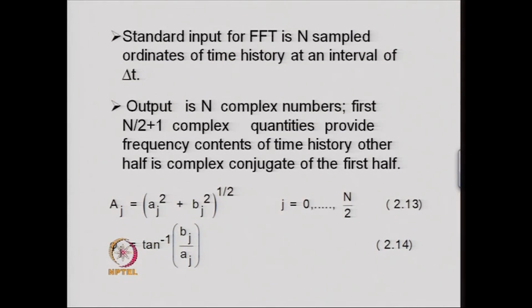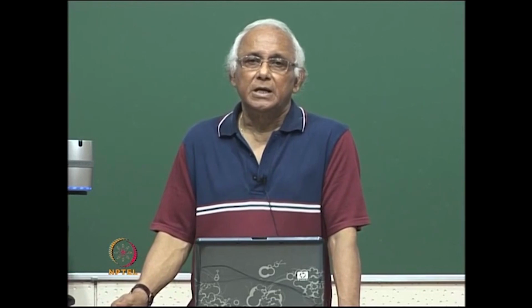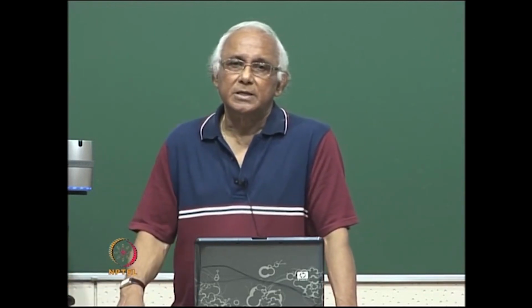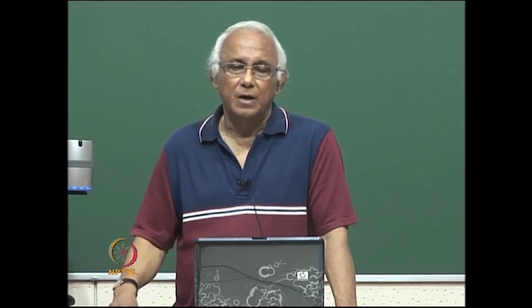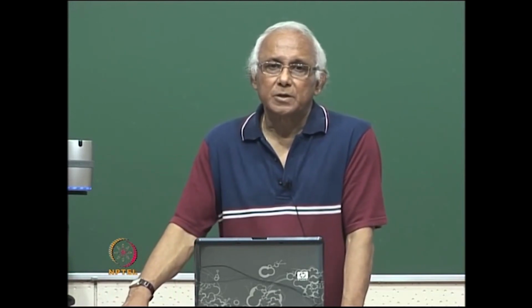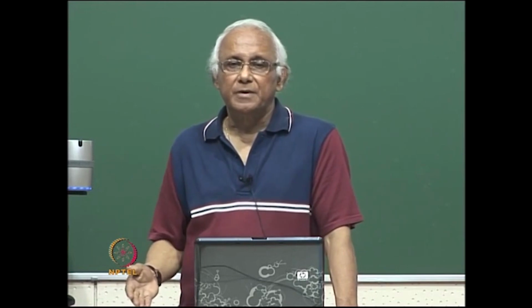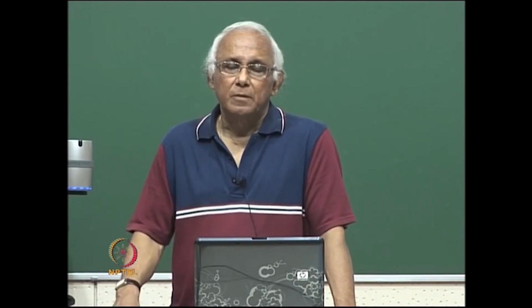The first n by 2 plus 1 values of X(i omega) are considered for obtaining the Fourier spectrum, because after the first n by 2 values, the other n by 2 values are the complex conjugate of the previous n by 2 values.